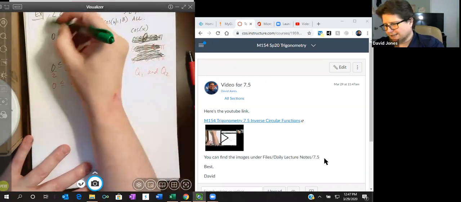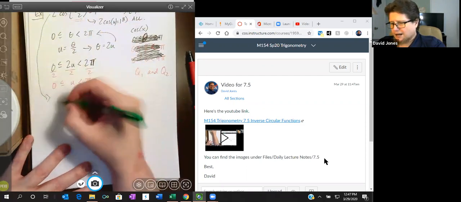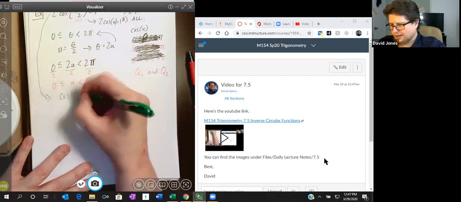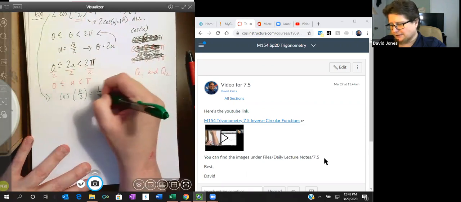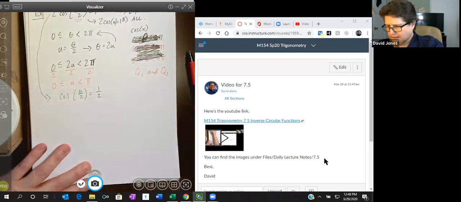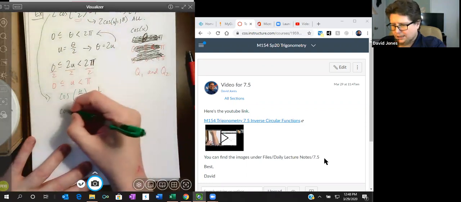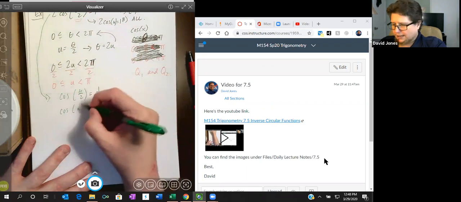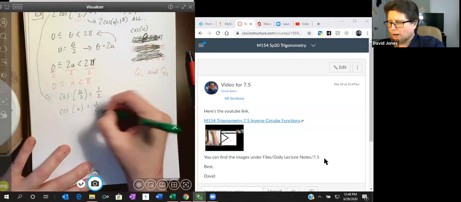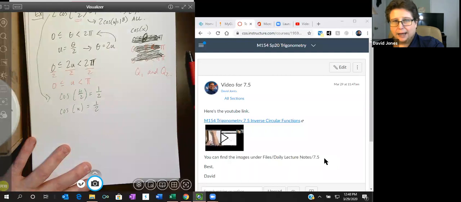So let's go back to solving this. I'll divide by 2, and I get cosine of theta over 2 equals 1/2. And this is really like cosine of u equals 1/2. Where does that work in 0 to pi?